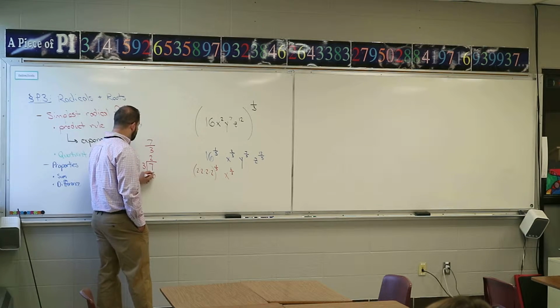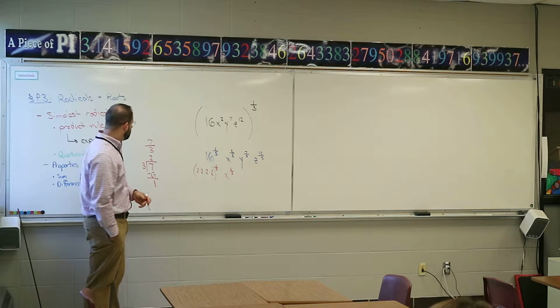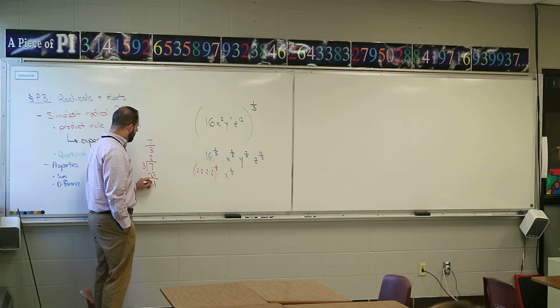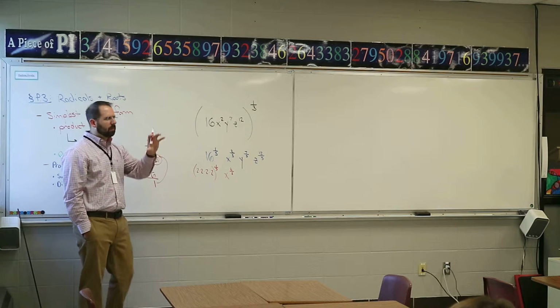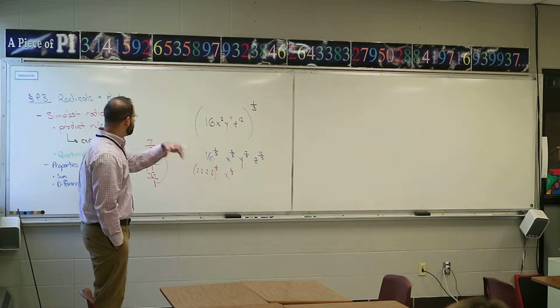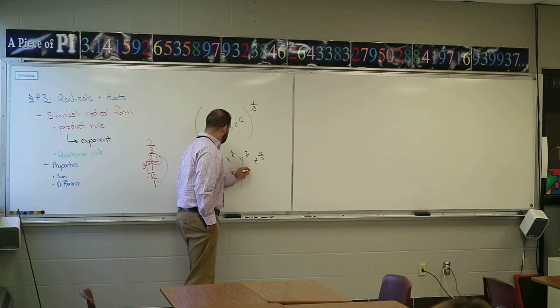So 3 times 2 is 6. This is the old type of division, long division. Whatever the remainder is, that's the fraction that goes behind it. So this 1 goes here, and the 3 goes on the bottom. That's how you change improper fractions to mixed numbers. So this is y to the 2 1/3.